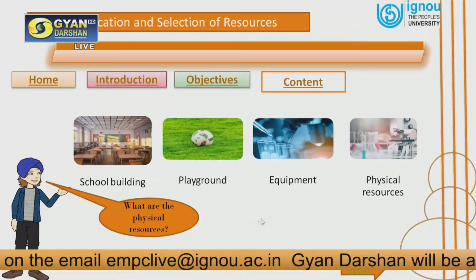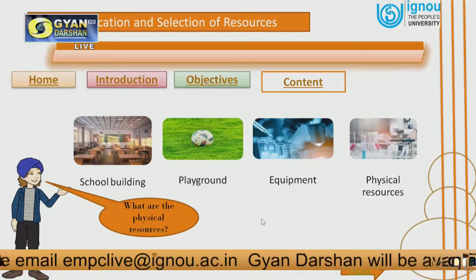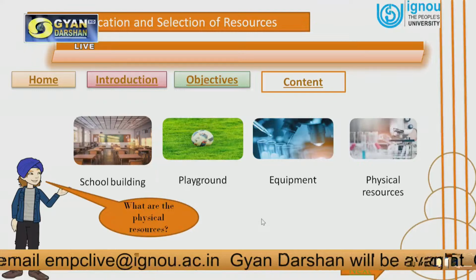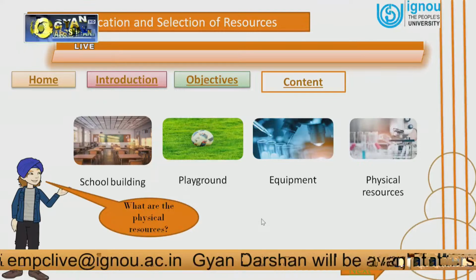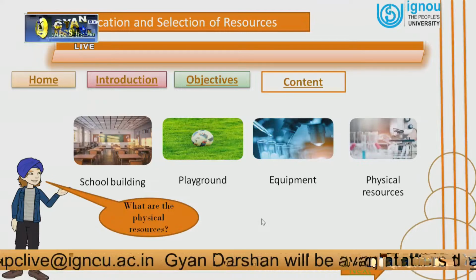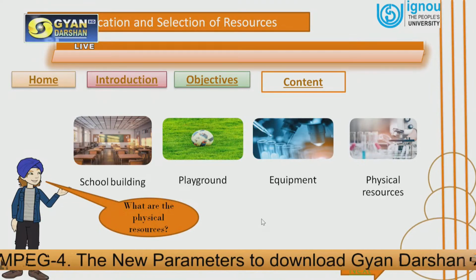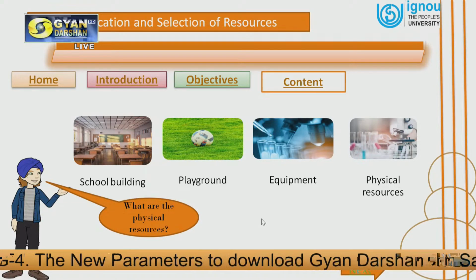Let us come to the next aspect, the physical resources. When we look at the recognition of programs, take the case of a BA program, suppose we want to start. According to the norms of the NCTE, what is important is whether the organization has enough physical resources.